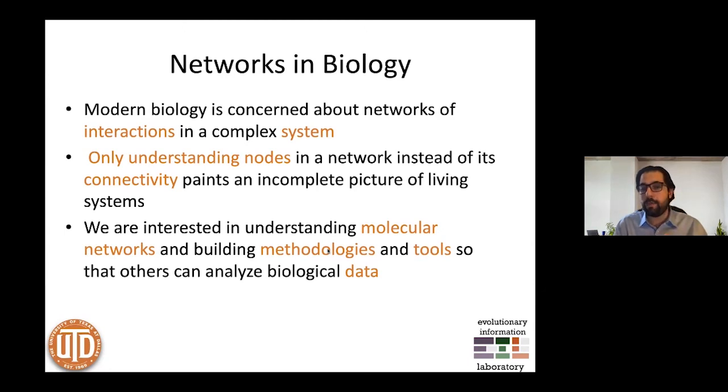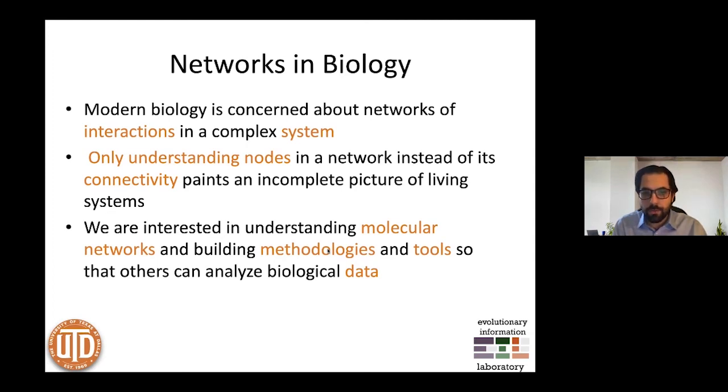In our lab, we care about molecular networks. So these are interactions happening among molecules, or at least subunits of molecules that are atoms. And we want to build better methodologies, or at least methodologies that will help us analyze currently existing biological data.